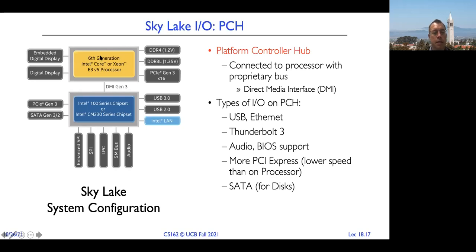Here, basically, you have a core, and this is connected to memory. Then you have this PCI Express, again to directly connect to other IO devices. And then you have this bridge, and you have another chip which connects to other IO devices.